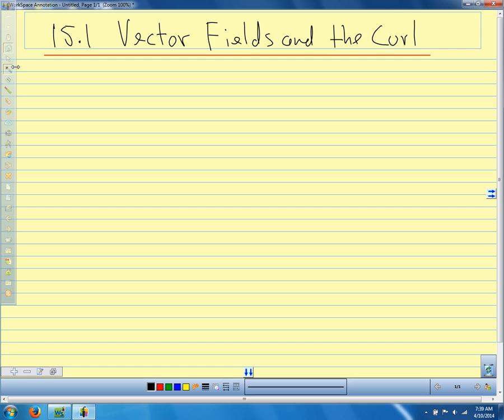What happens with a vector field is we are assigning a vector to every point in space. And if we're in the plane, it assigns a vector to a point in the plane.